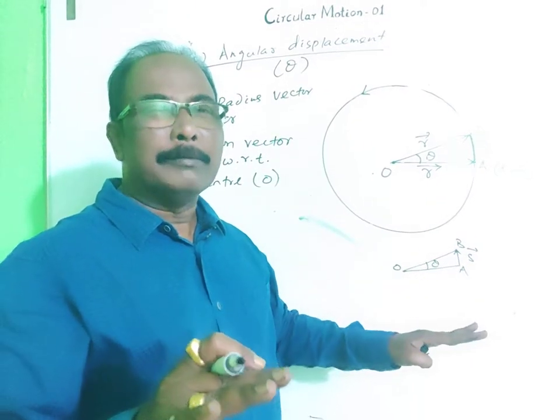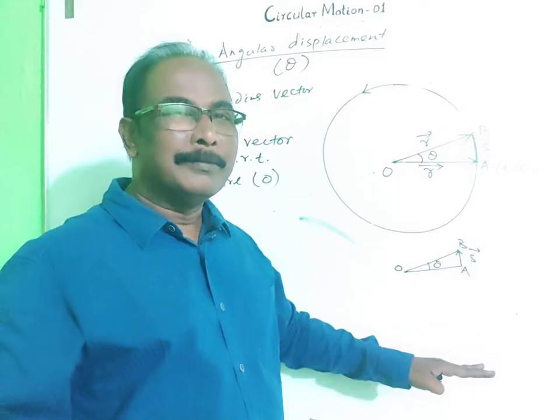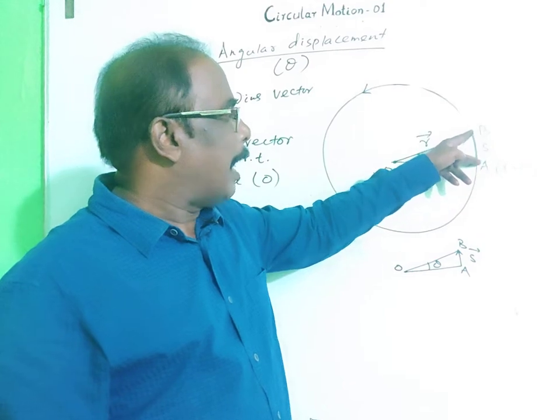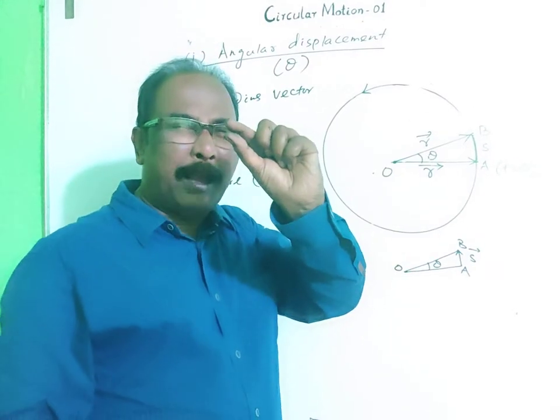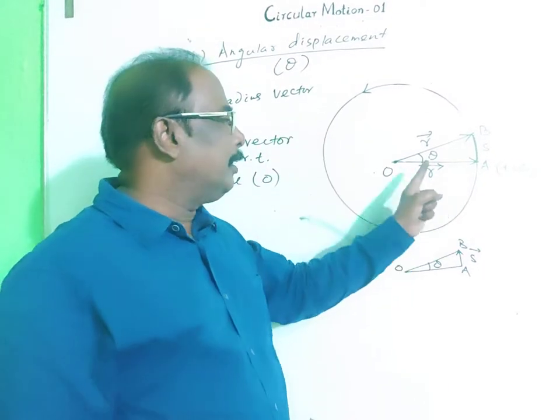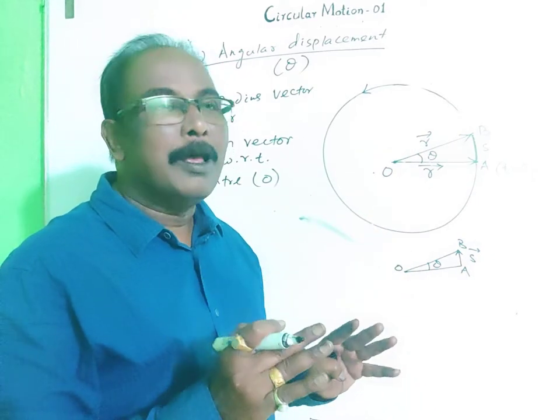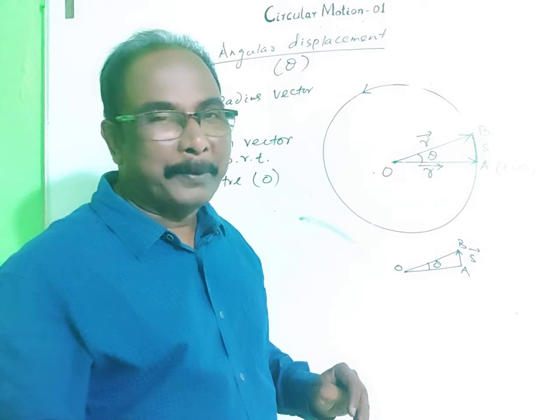Theta is very, very small. If arc AB, if arc length is treated as a straight line, then theta tends to 0. In this case, angle is treated as a vector quantity.